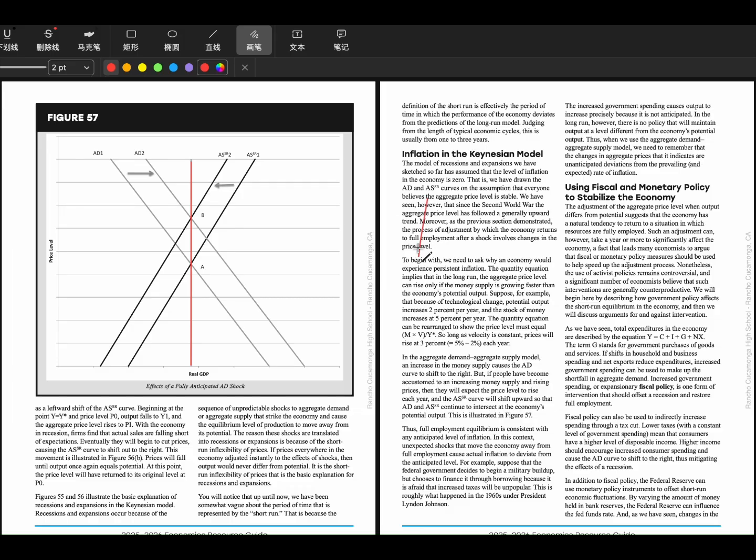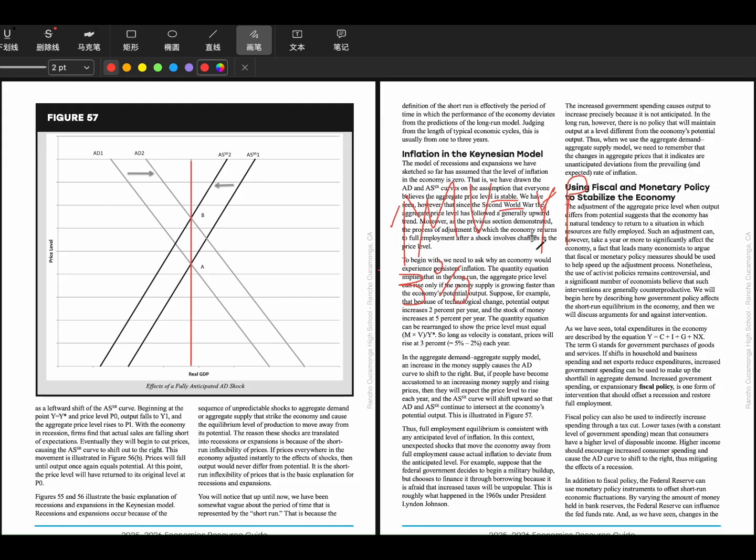Let's say we're going to use this equation, the quantity equation, I think that's what it's called. Y, that's basically, let's say I increase the money supply by 3%.